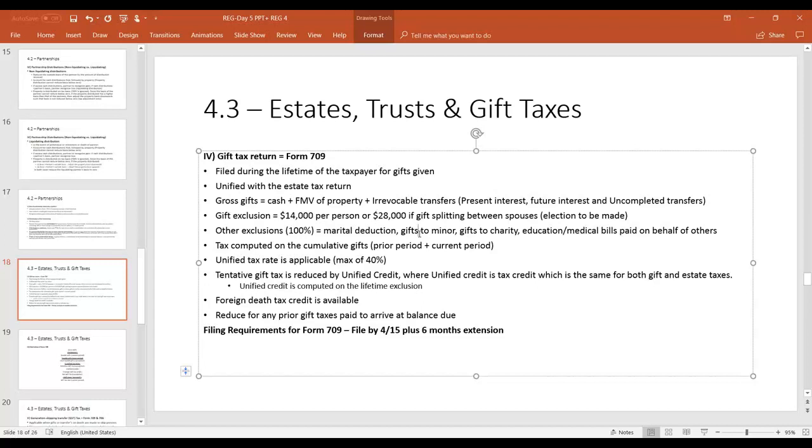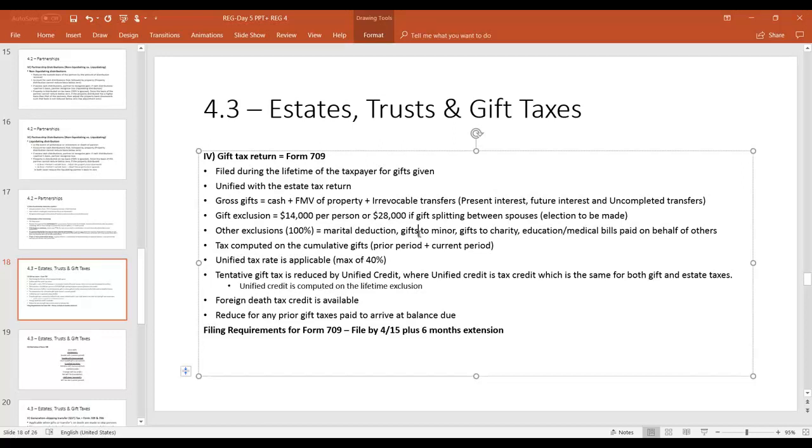Any gifts in the form of education or medical fees that I pay on behalf of a person are also excluded. Say I want to pay for the benefit of my friend's education, I can't give her $10,000, but I can pay her college on her behalf. In that case, it is 100% excluded.